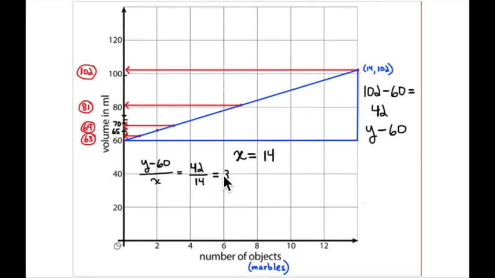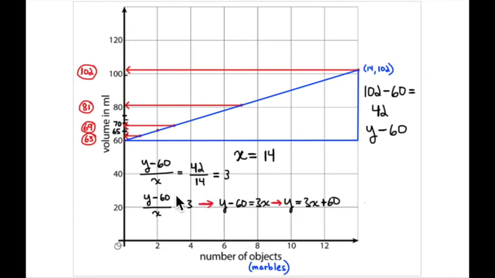That's equal to 3. So again, y minus 60 is 3 times the change in the horizontal direction, or 3 times the number of marbles. So y minus 60 is 3 times this x. Now you can write that.